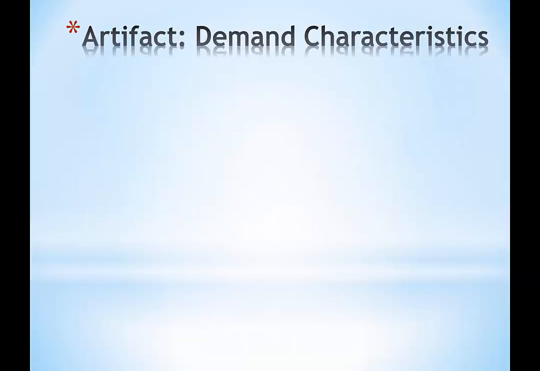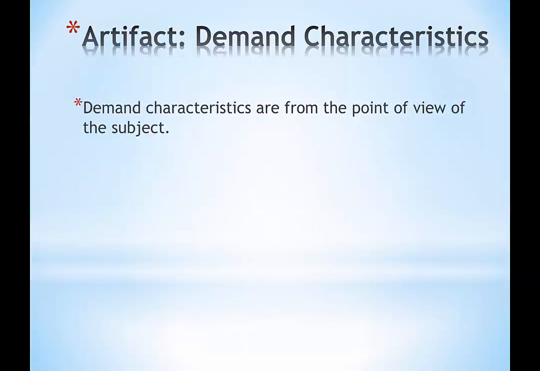Another artifact in our hit parade of artifacts here is called demand characteristics. And this is kind of interesting because, again, it's another change in the participant, but it's not just their own within subjects self-motivated change. Sometimes this term kind of confuses folks. So the demand characteristics notion is from the perspective of the participant.